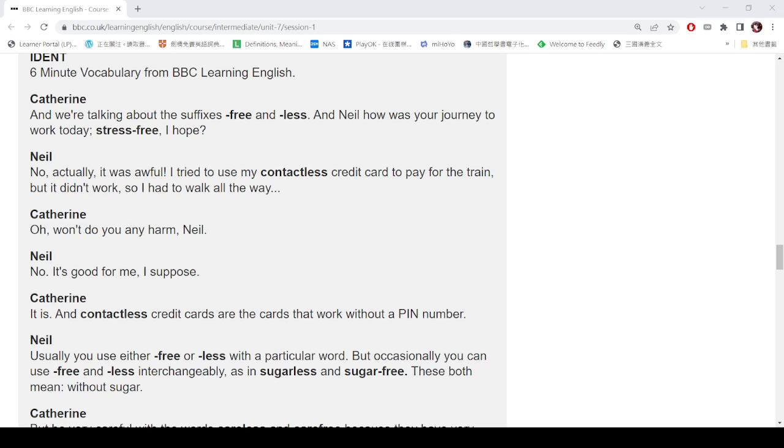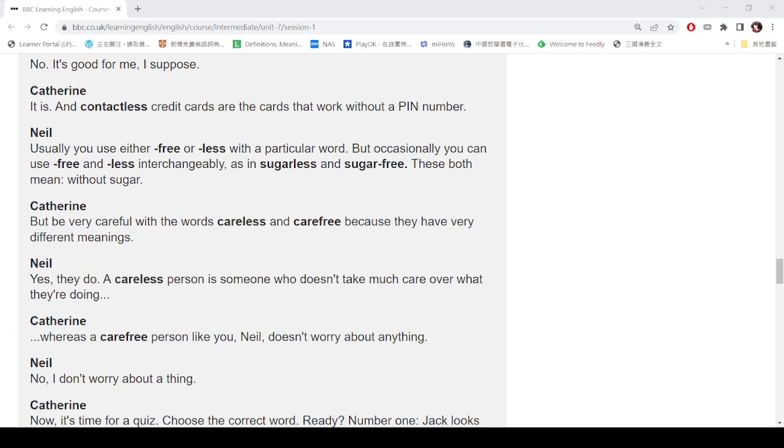It is. And contactless credit cards are the cards that work without a PIN number. Usually you use either -free or -less with a particular word, but occasionally you can use -free and -less interchangeably, as in sugarless and sugar-free.